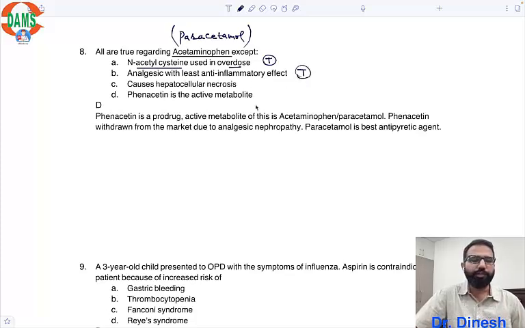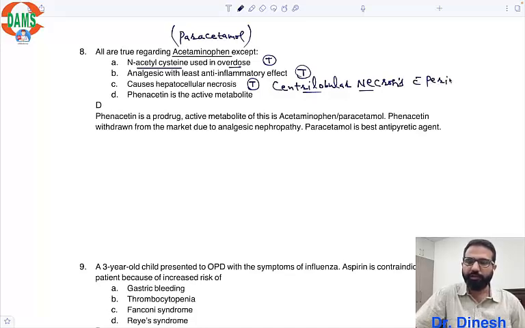That is also true. They have almost nil anti-inflammatory effect. Hepatocellular necrosis, that is also absolutely true. This is centrilobular necrosis, with periportal sparing.